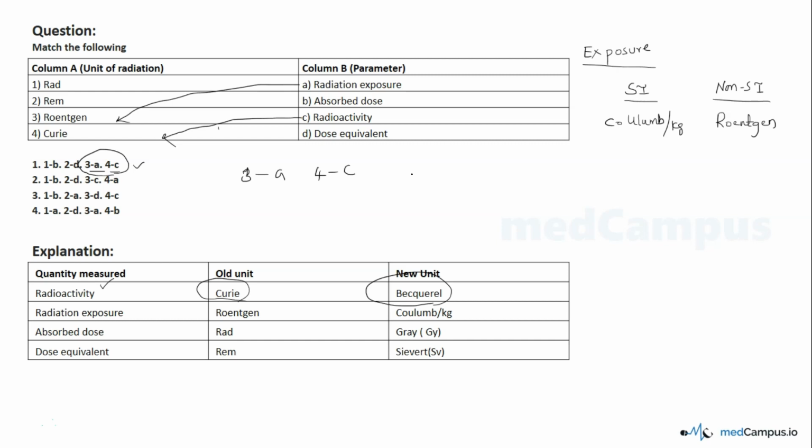Exposure is actually measured in 3 ways: absorbed dose, equivalent dose, and the third parameter, effective dose. Please remember this: absorbed dose, equivalent dose, and effective dose.